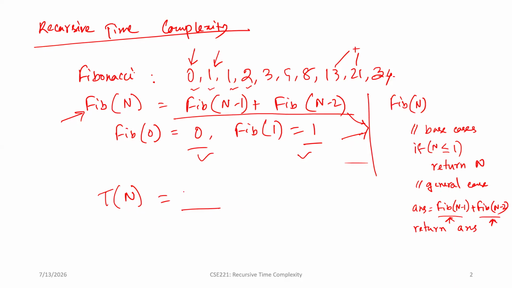So we can write that the time complexity to find the nth Fibonacci number should include the time complexity to generate the n-1 Fibonacci number and the time complexity to generate the n-2 Fibonacci number. And we should also write if there's something else. And by something else, I mean what other operations are there in these recursions.